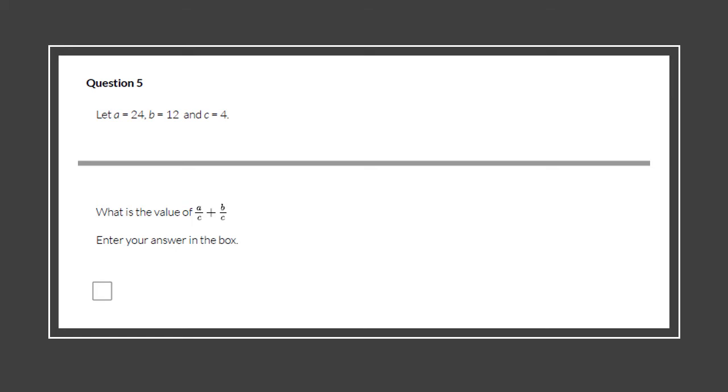Okay, so here we have 3 different things to plug in. We've got a equals 24, b equals 12, c equals 4. So I'm going to write this a over c plus b over c. Okay, I'm going to plug in a here. That's 24. Then I've got b, which is 12.